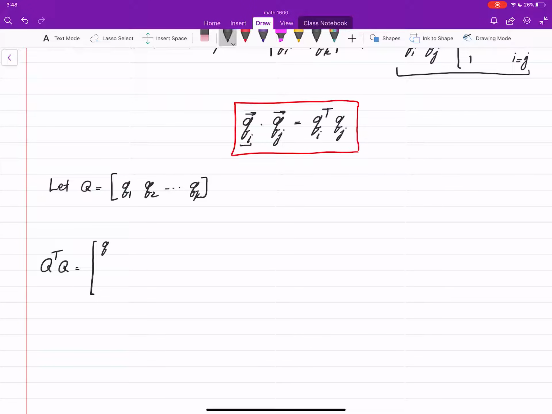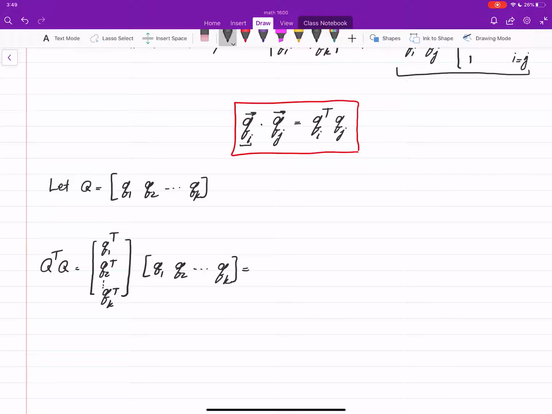So column 1, transposed, will be row 1. Column 2 transposed would be row 2, and column k transposed would be row k. And this will go up to Qk.